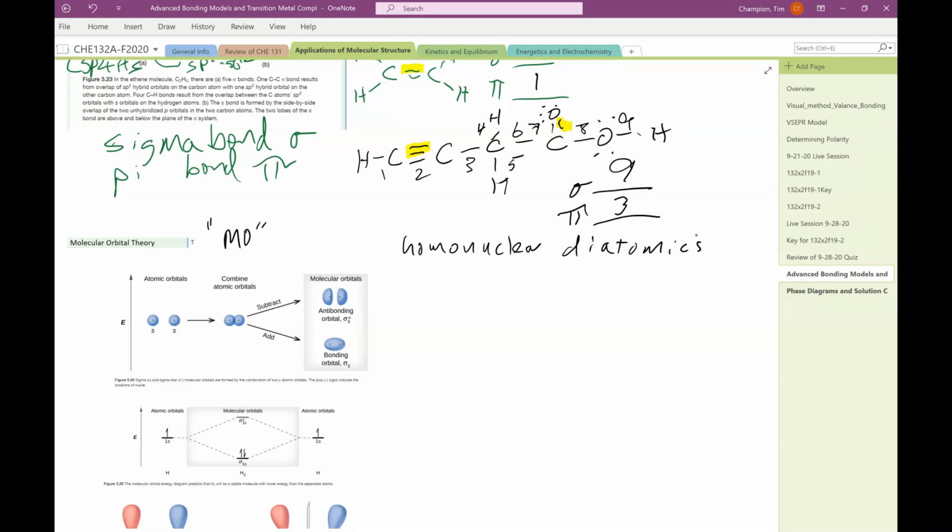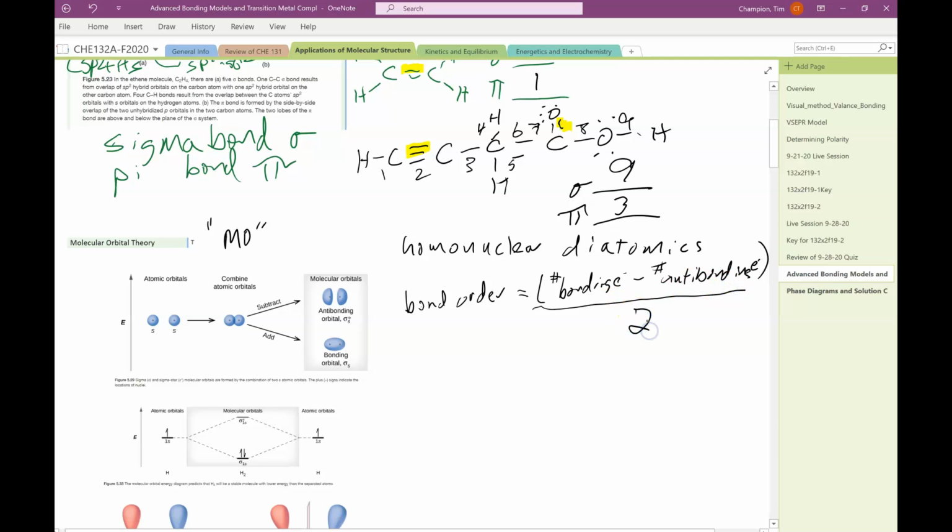So we have an equation that you'll be using. The equation talks about the bond order, which means, if it's 1, it's a single bond. If it's 2, it's a double bond. If it's 3, it's a triple bond. So what we're going to do is count the electrons in the bonding orbitals and count the electrons in the antibonding orbitals and subtract the antibonding ones from the bonding ones, and then divide by 2 because there are 2 electrons in a bond.